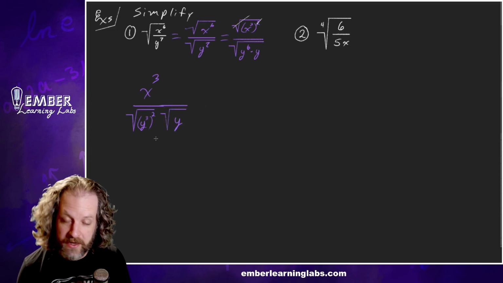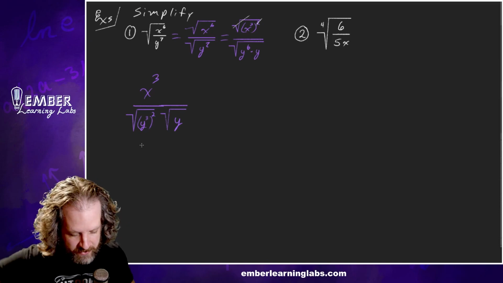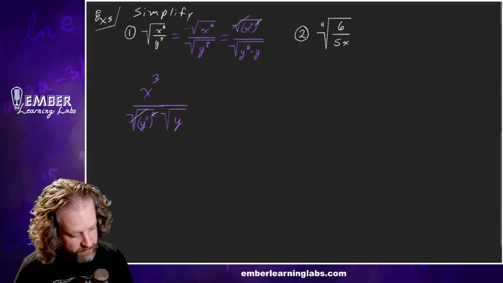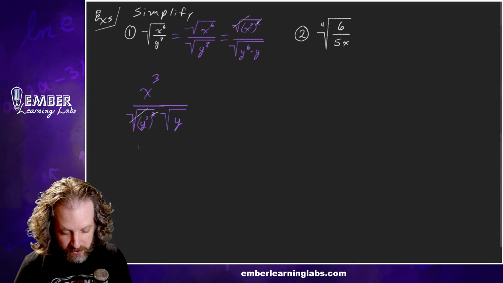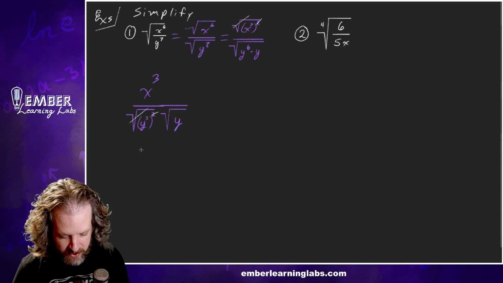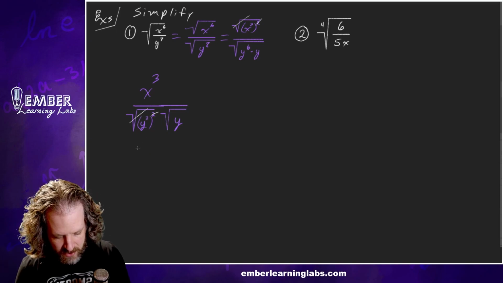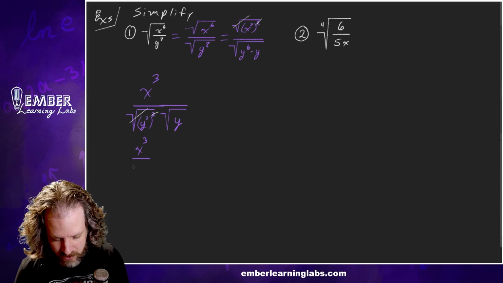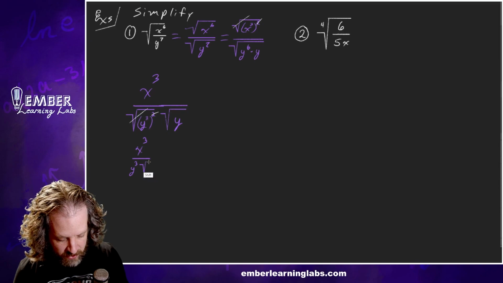I went ahead and did the split up in one step there, along with changing it, and then the square and square root cancel right here. So what we're left with on this one, x cubed over y cubed times the square root of y.